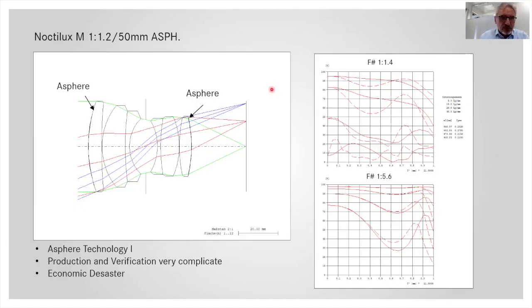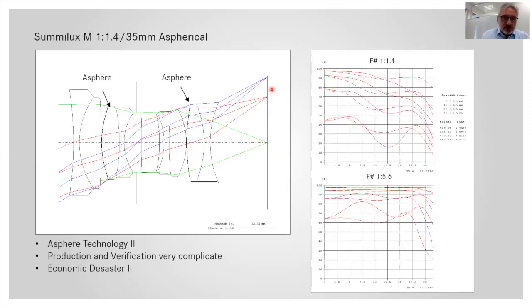I explained already that the first Asphere lens, the Noctilux 50 millimeter, was a catastrophe because the production was very complicated and the yield was very bad. For the second version, we didn't stop developing new technology regarding Asphere lenses. New machines and new measurement systems were implemented, but it was still a catastrophe.